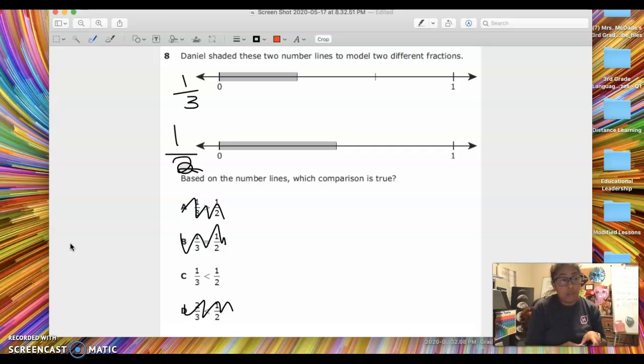So you'll know if you're comparing fractions where the denominator is not the same, I want you to look at which denominator is smaller, and usually the smaller denominator will be larger. But then you also have to look at the top part. Okay, so that doesn't work every time, but it's a rule of thumb.